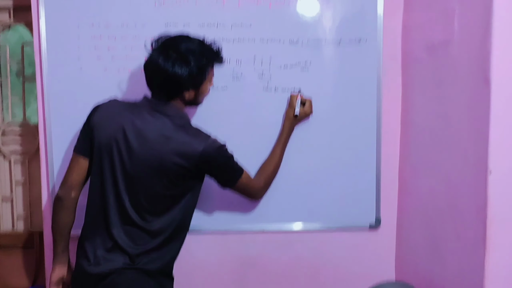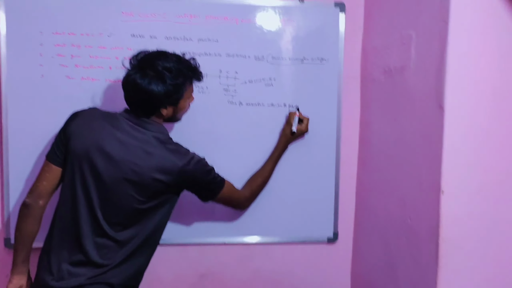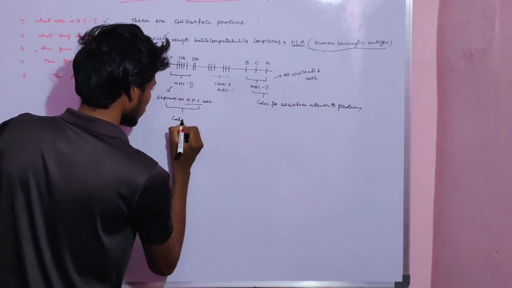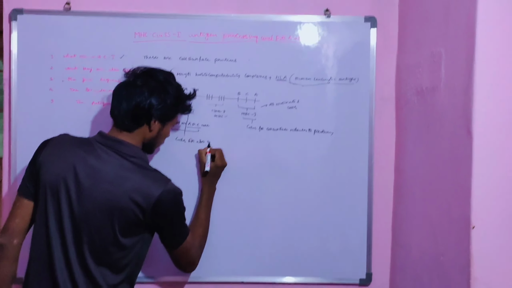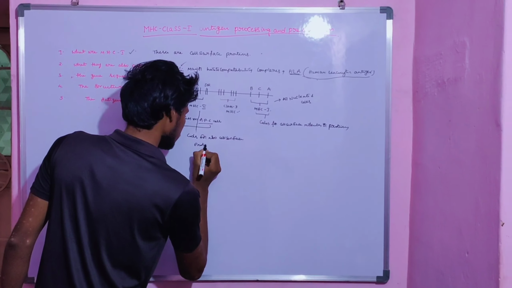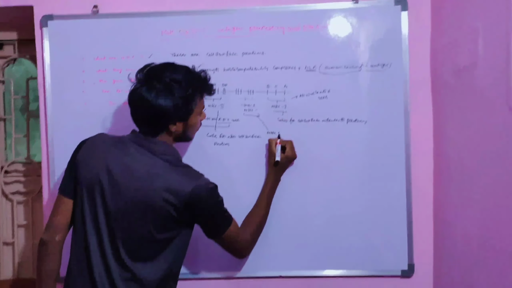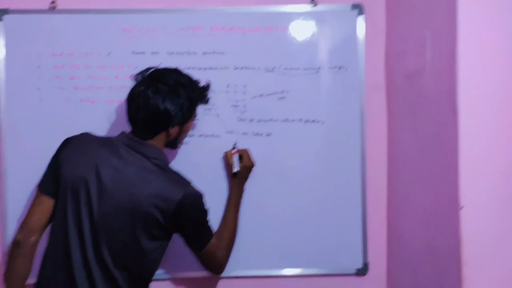Cell surface molecules are proteins, and these also code for cell surface proteins. And the class 3 MHCs code for secretory proteins.